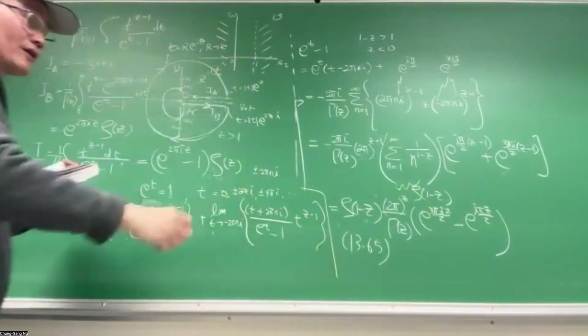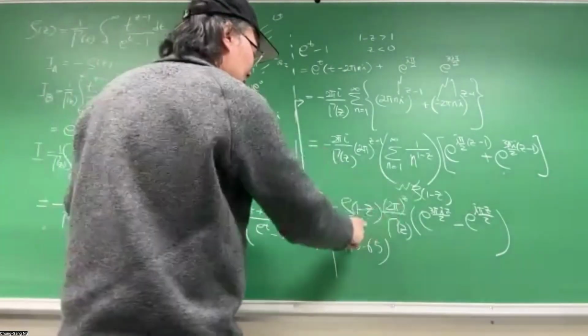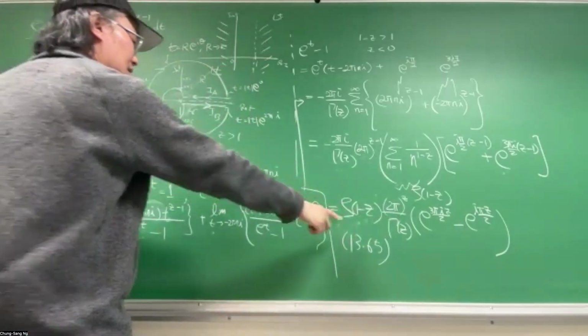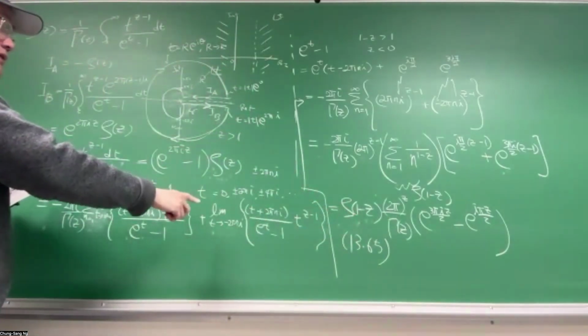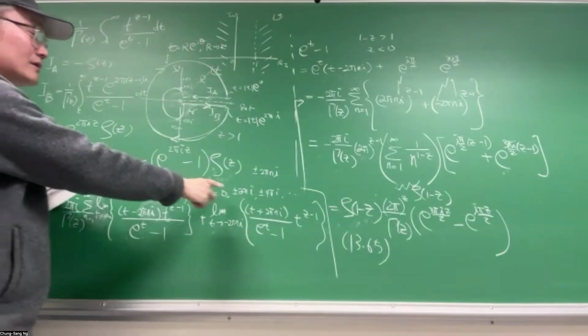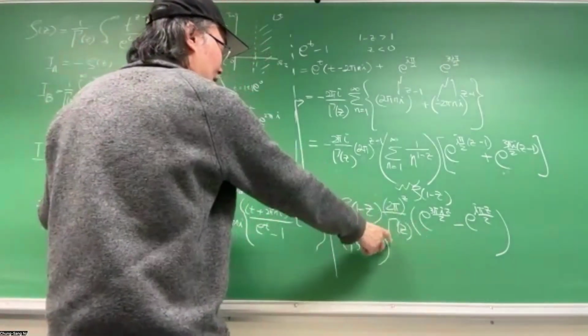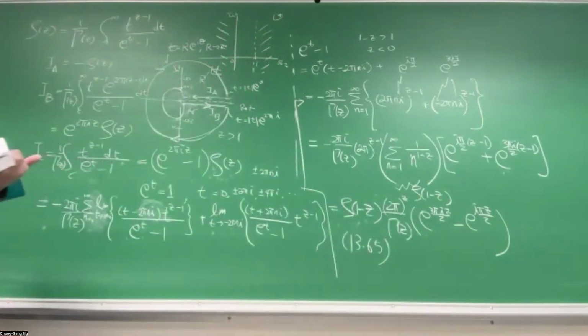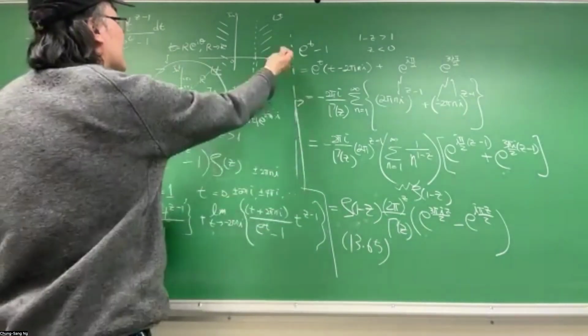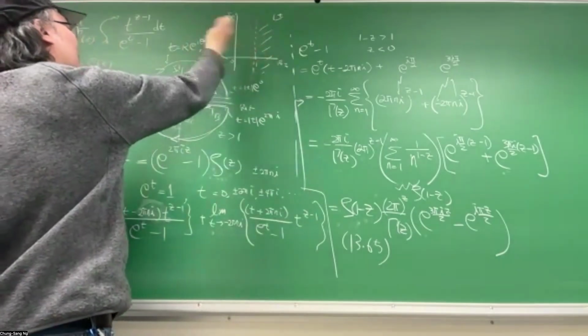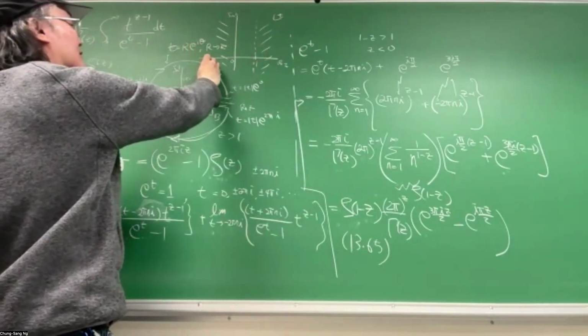It's not a total reflection because you have all these other factors. So gamma z and gamma 1 minus z are related through all these phase factors. There's a phase factor here, a phase factor here, and a gamma function here also. It's not totally a reflection, but they're related to each other. They kind of reflect to z less than 0.